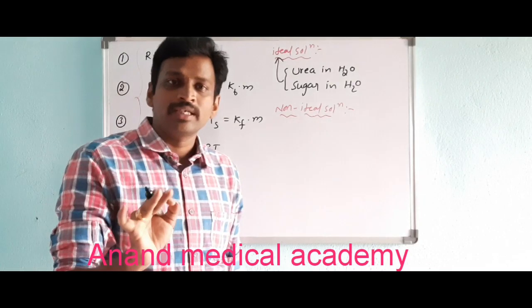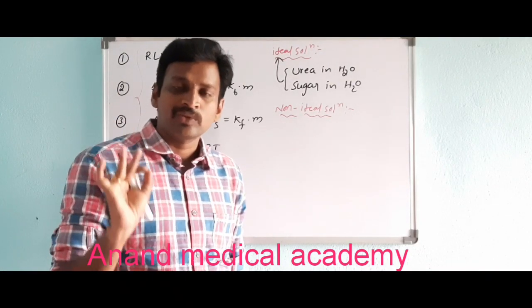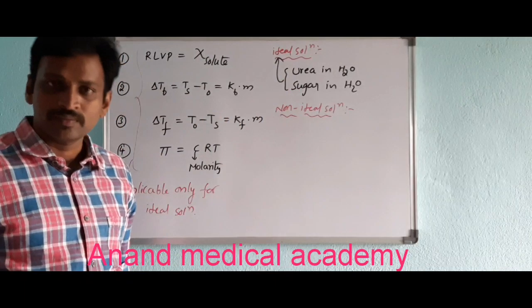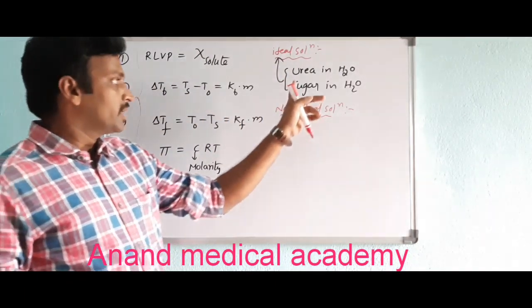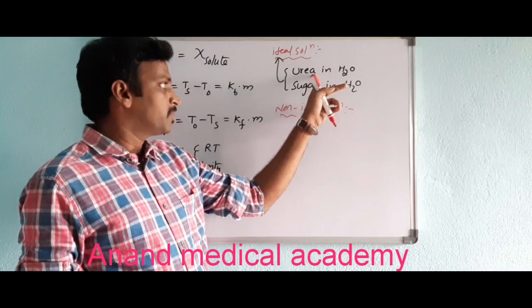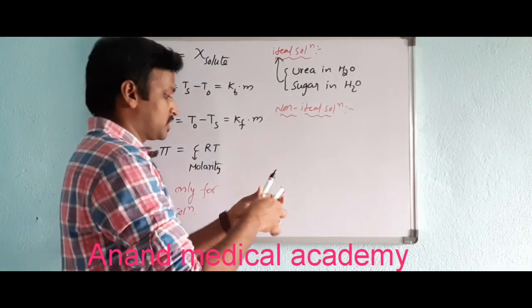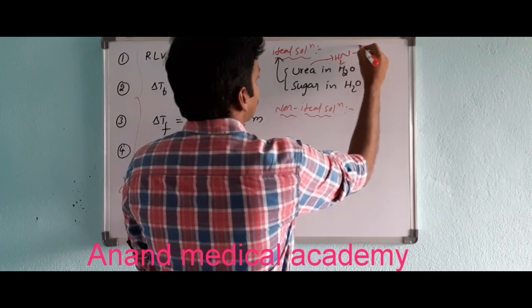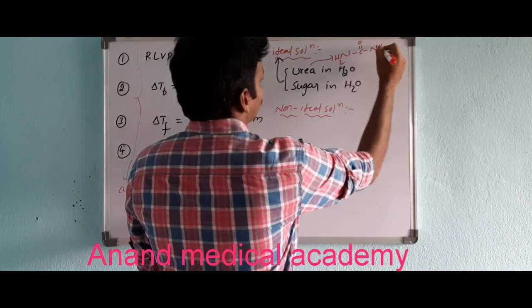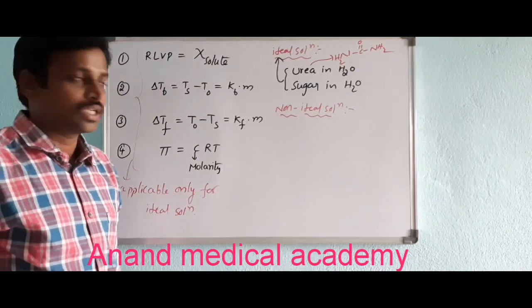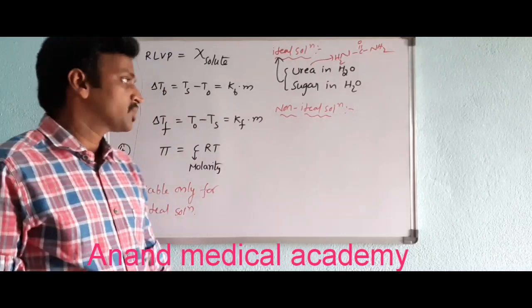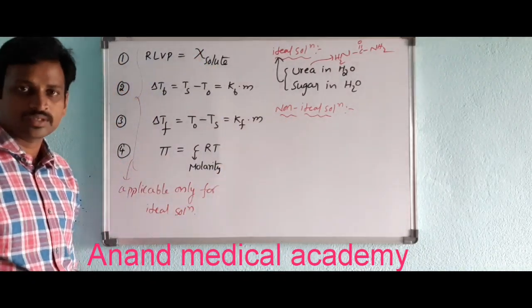Sir, if the solute is not undergoing further association or dissociation, that is clear, an ideal solution. Because there is no further association in urea. Urea, everybody knows, is NH2, C double bond O, NH2. So there is no further association or dissociation, so no change in the number of particles, so no change in colligative properties.